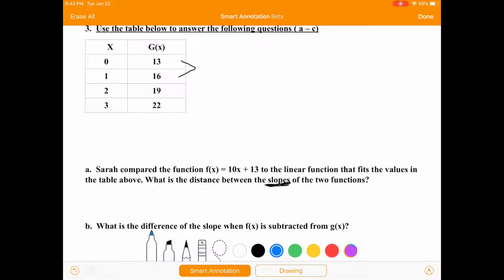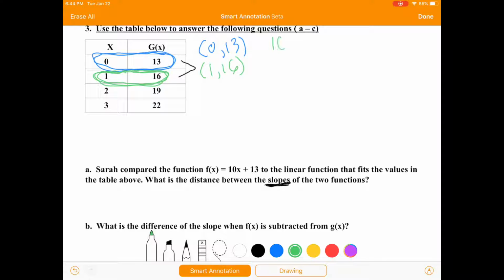I'm going to designate 0, 13 as blue. I'm going to designate 1, 16 as green. And go forward. So 0, 13 and 1, 16. I've got to substitute those values in.